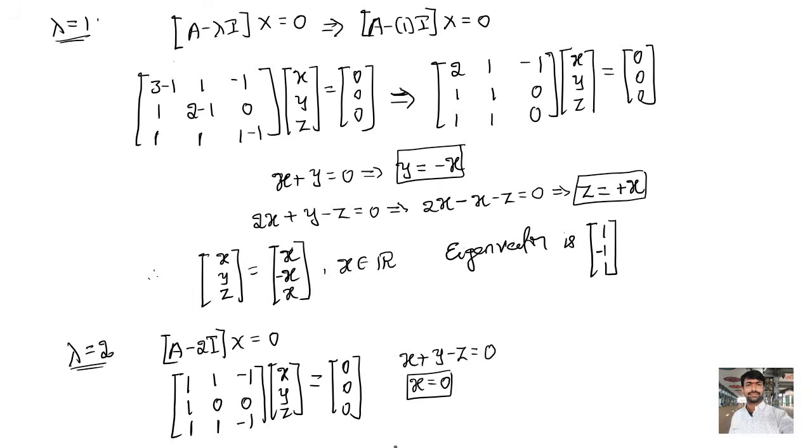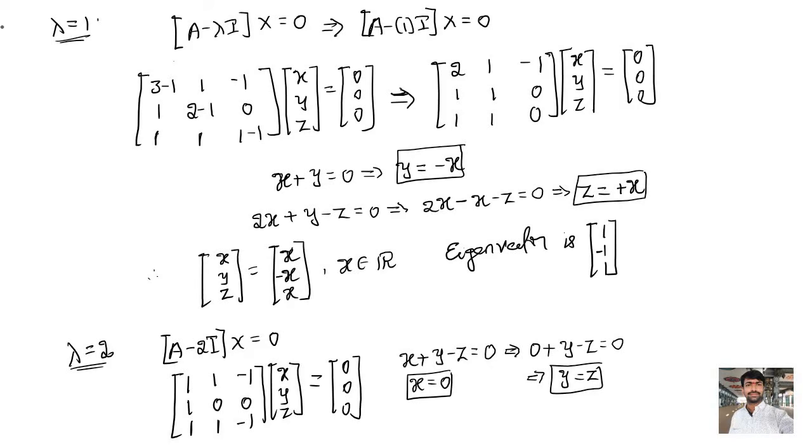Now let me substitute in this equation. This implies 0 plus y minus z equal to 0. So from this what do I get? Y equal to z. Okay, so therefore the solution is going to be, let me see, x, y, z which equals, we got x equal to 0 and y is y, and z equal to y.